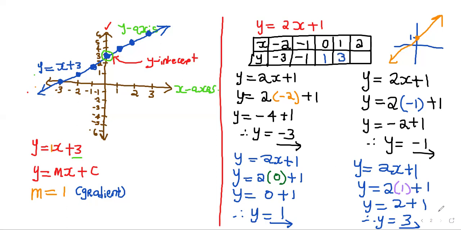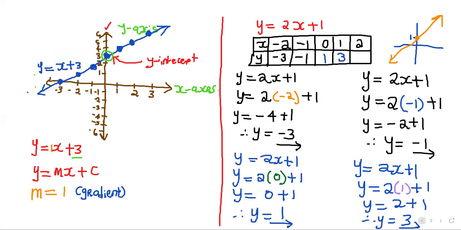So now we are left with the last part of substituting the value of x being 2. So I'm going to say y equals 2x plus 1. You write 2x plus 1. So that will be y equals 2, then in the place of x, what do we substitute? We substitute 2.